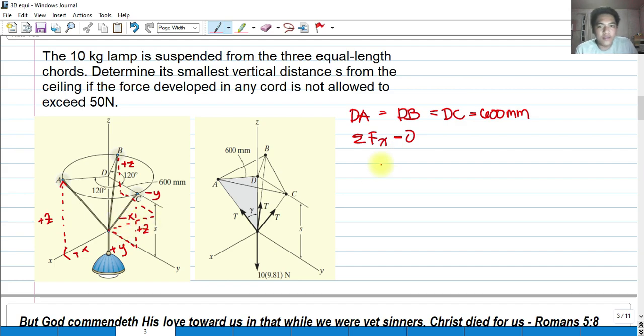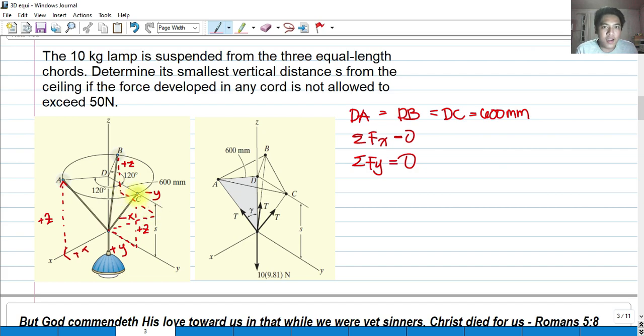So again, the same process in summation of Fy on the y-axis. In this case, tension A has no y component. But tension C has a positive y component and tension B has a negative y component.